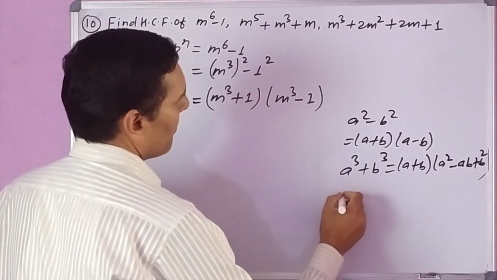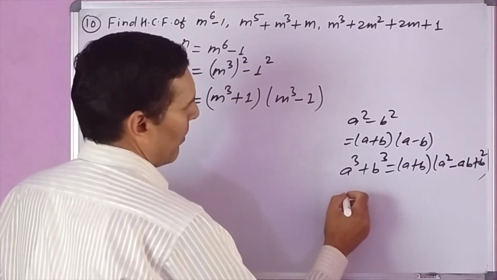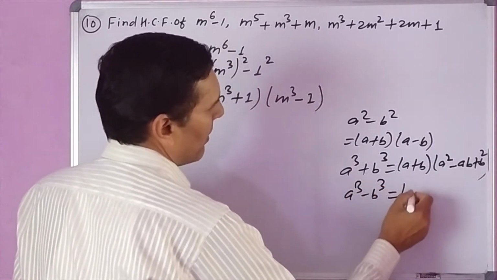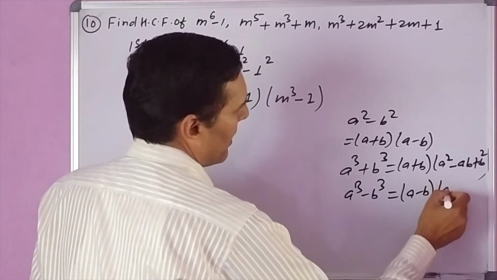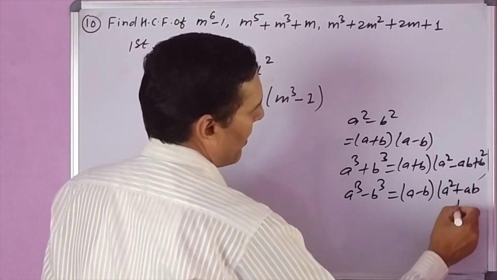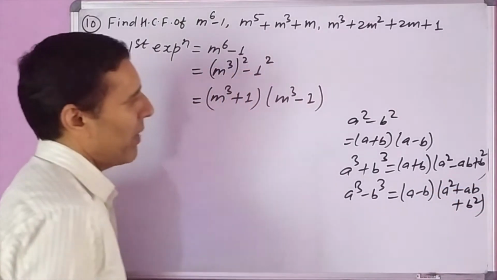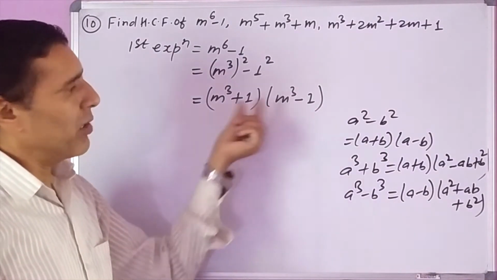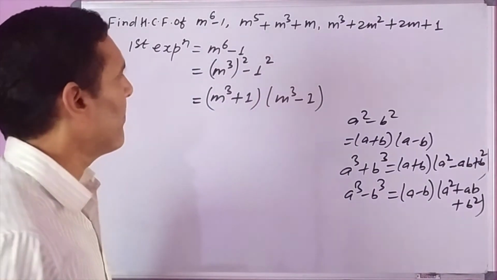The second one, we can use the formula of a cube minus b cube, a minus b times a square plus ab plus b square. So by using this formula, we can factorize the first factor as well as the second factor further.